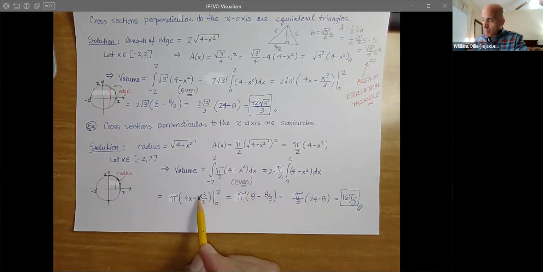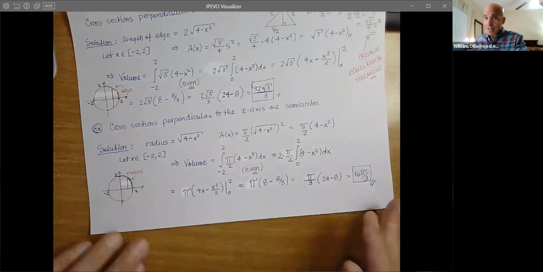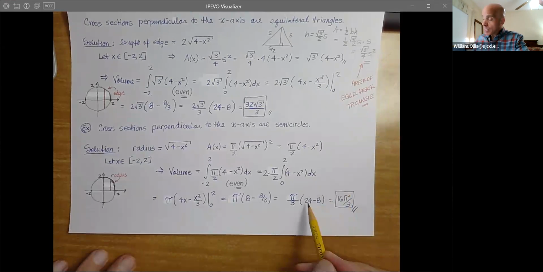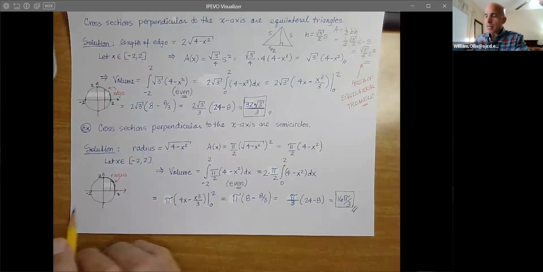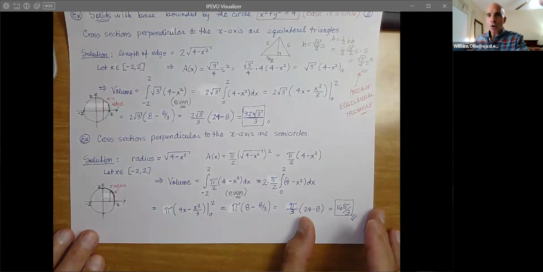We get 4x minus x cubed over 3. We have the quantity pi because the 2 is absorbed. And then, of course, we get the 8 minus 8/3 again. And then in this particular case, we're just left with the 16 times the factor pi over 3, or 16 pi over 3.